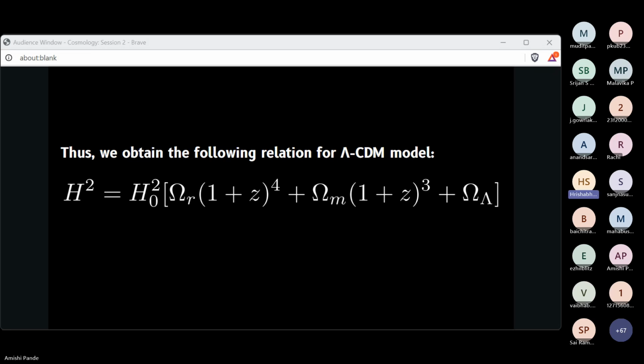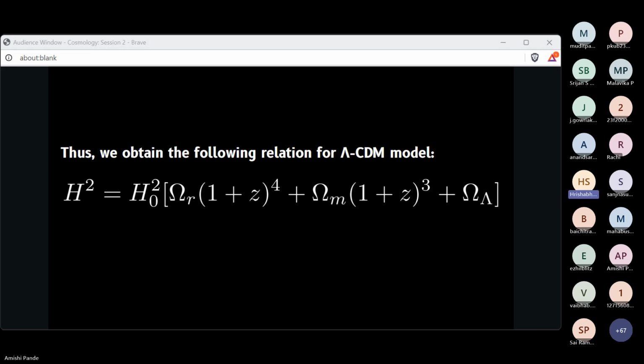To make things simple, what I have done here is I have written the expanded equation. We have a radiation term, we have a matter term, and we have a cosmological constant term. And in terms of 1 plus z, the general relation is omega i into (1 plus z) to the power 3 into (1 plus wi). Using that relation, can someone tell me what is the value of w for the cosmological constant?